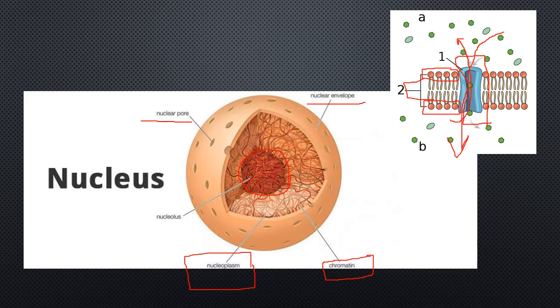It's called rRNA, or ribosomal RNA. Ribosomal RNA plus certain proteins form the subunits of ribosomes. So again, that rRNA is going to need to exit through one of these pores as well.